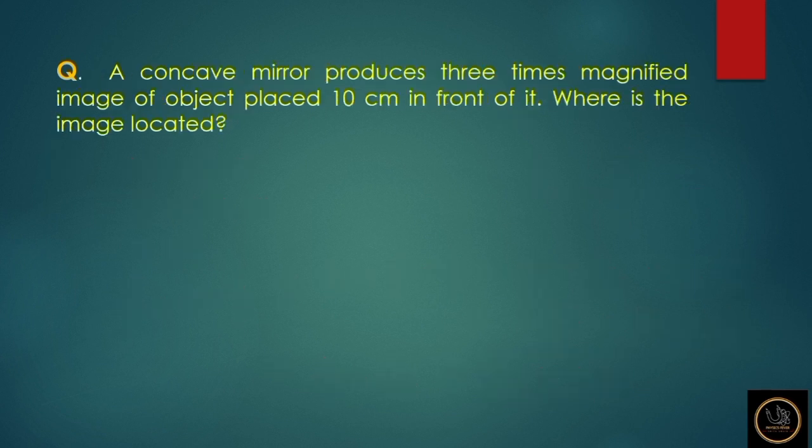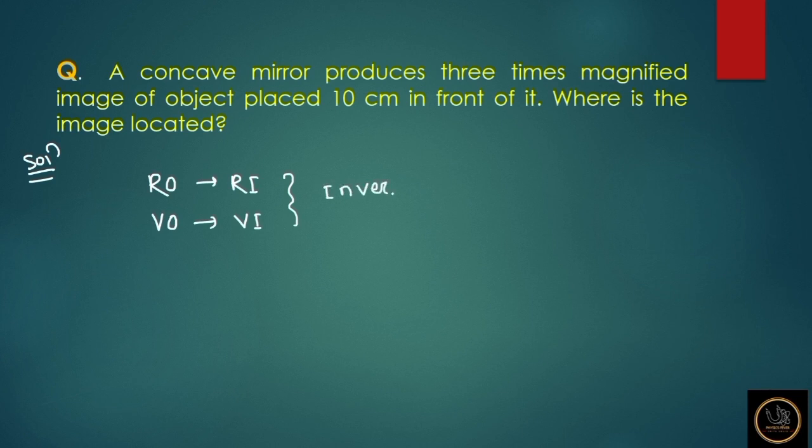It is based on magnification. Before solving it, remember the trick I have told you, that if the object is real and the image formed is also real, and the object is virtual and the image formed is virtual, then here the image will be inverted. If the image is inverted, then the value of magnification is negative.